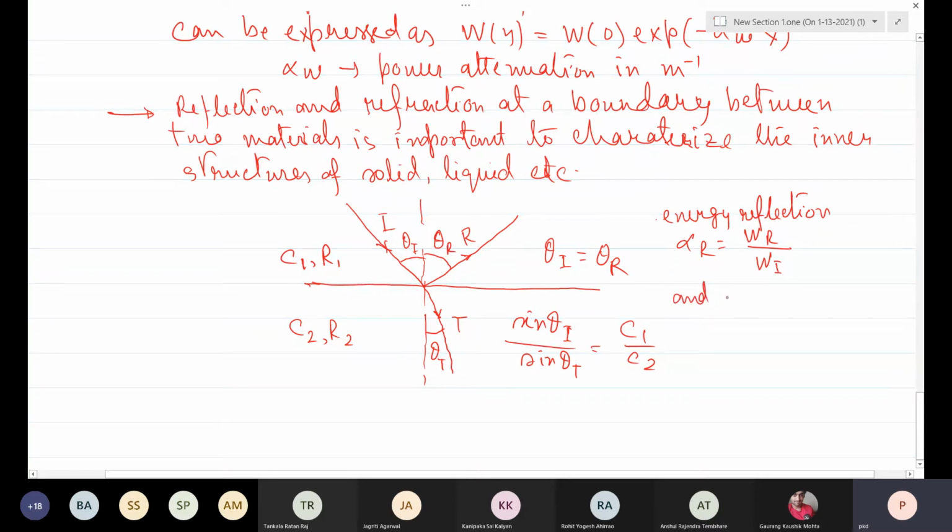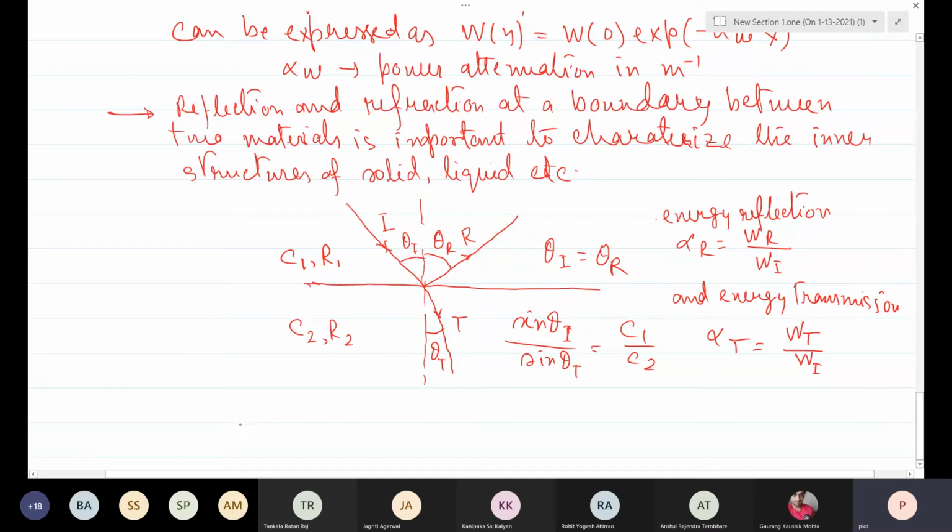And alpha t, the transmission coefficient. So this alpha can be derived in terms of the incidence angles.